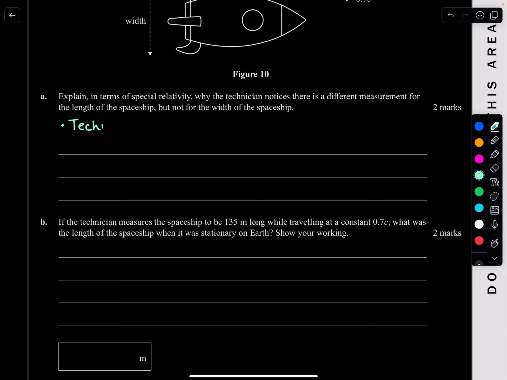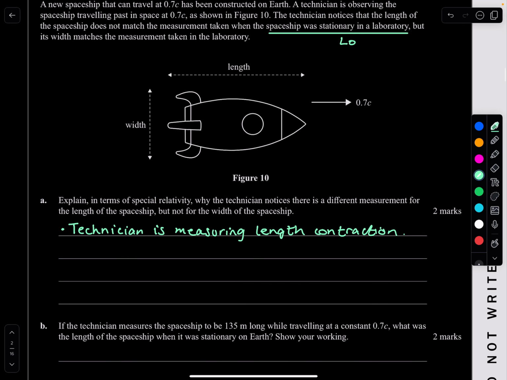Technician. So the technician is measuring length contraction, so that's why he's seeing it not matching.